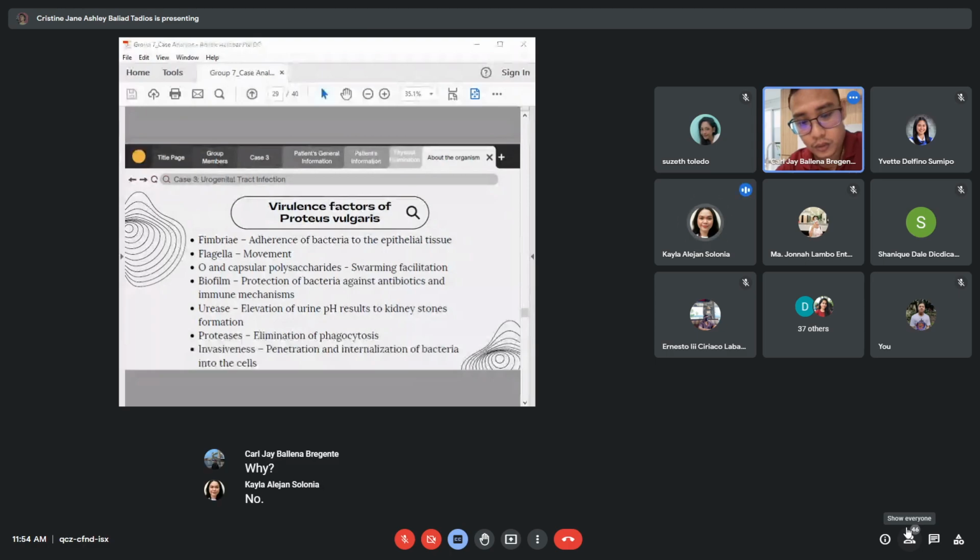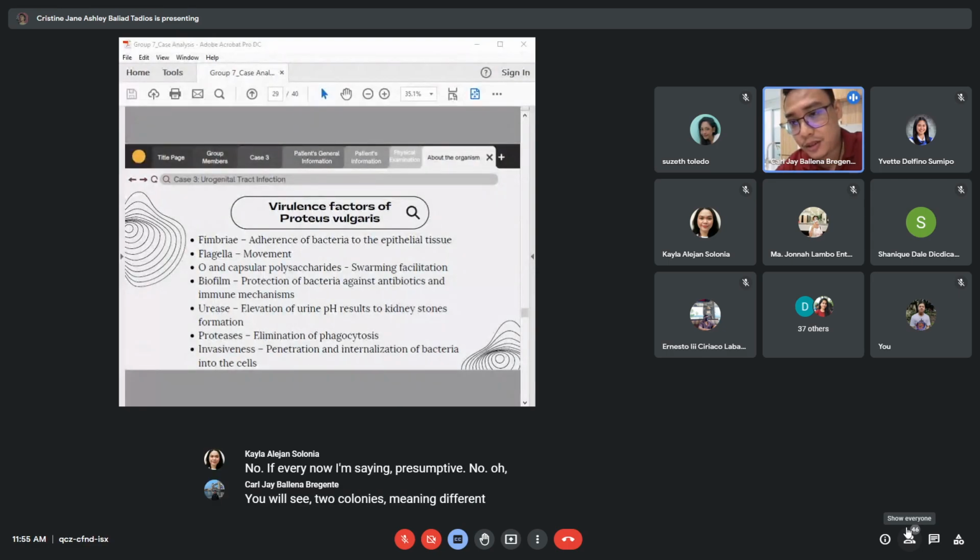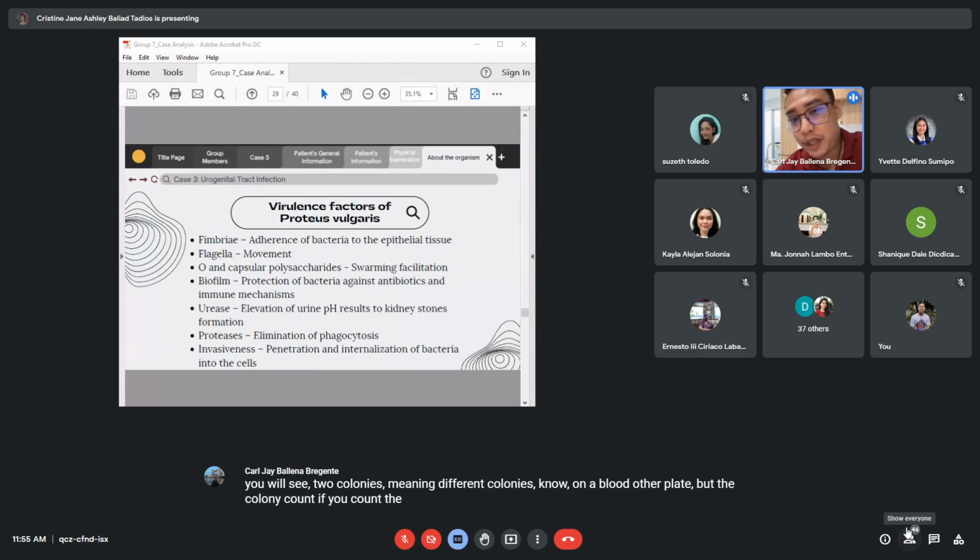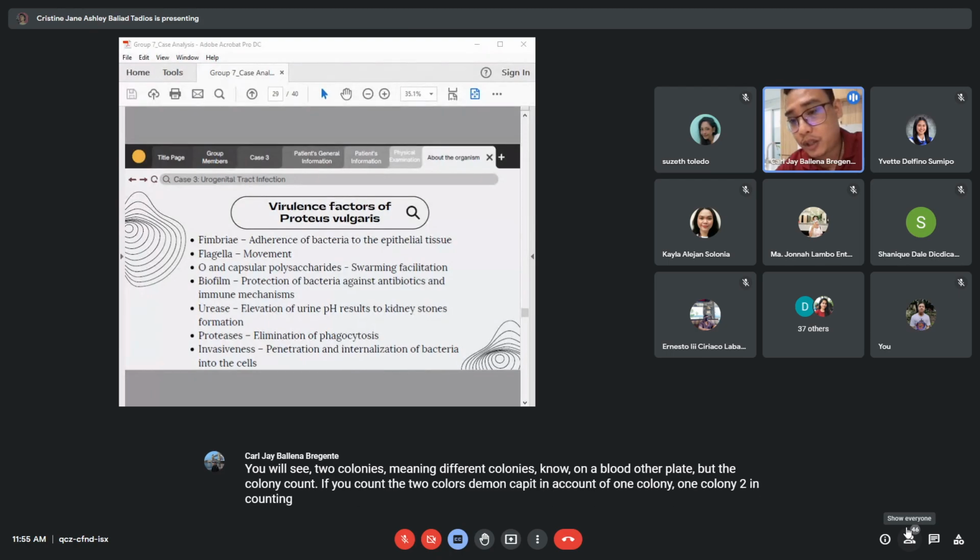You will see two colonies, meaning different colonies, on a blood agar plate. But the colony count, if you count the two colonies, you can't count one colony, two. The counting is the whole colonies present on the plate.